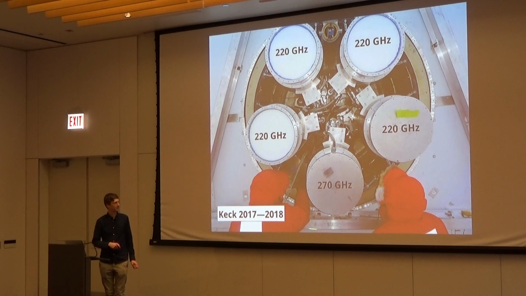The data analysis at 270 gigahertz is still a work in progress, but we think this is in fact going to be an even better channel for measuring dust than 220 gigahertz. And of course, having more distinct frequencies gives you a lever on more complicated foreground models as well. I'll talk a little bit about this soon.